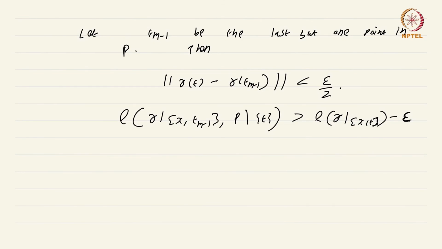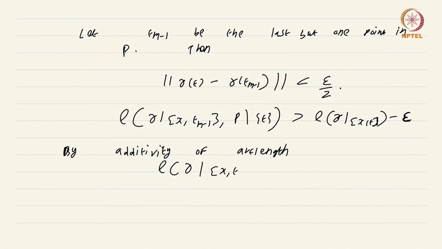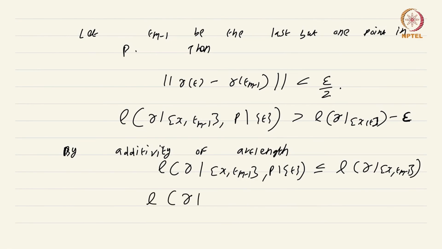Okay. Now, by additivity of arc length, and the fact that L of gamma restricted to x t_{m-1} with respect to this partition P minus t is less than or equal to length of gamma restricted to x t_{m-1}, combining additivity of arc length with this fact, we can conclude that length of gamma restricted to t_{m-1} t is at the max epsilon.